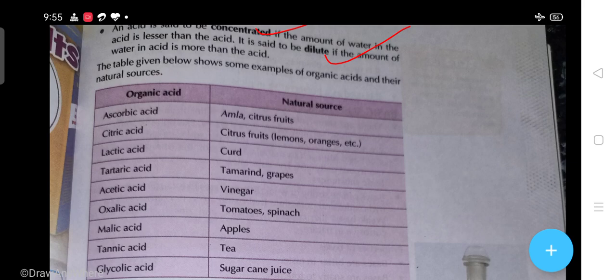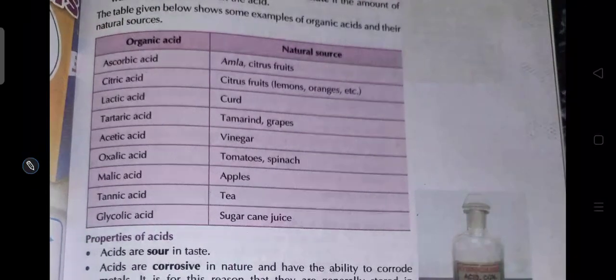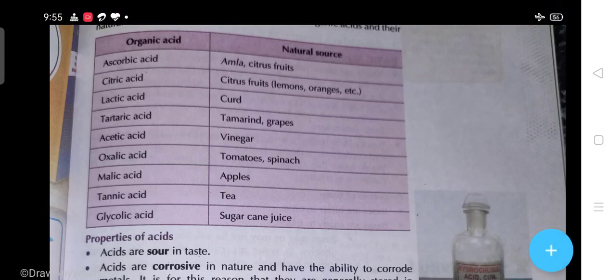Here is a table, and through that table you can easily distinguish the organic acids and their natural sources. Here the names of organic acids and their sources have been given for you.